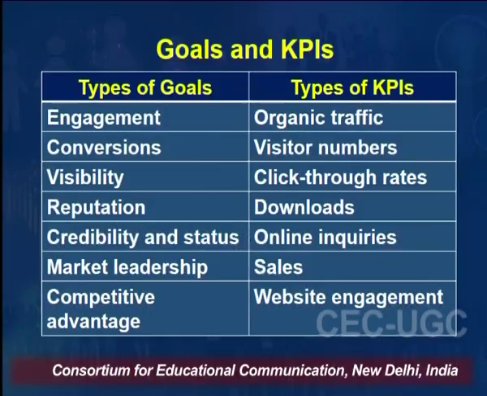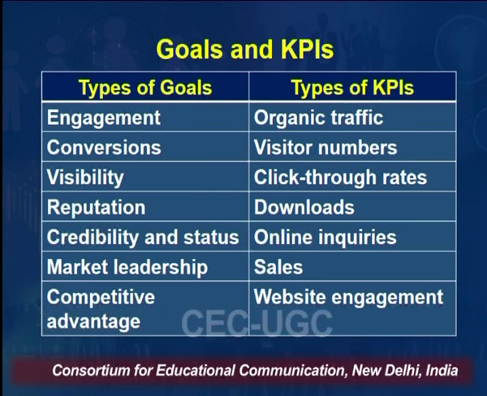Like for example, the engagement. If the goal is to have more user engagement and the optimization that you are doing is to engage your users, then how can you analyze and track the progress? You can track the progress by looking at whether or not there is organic traffic coming to your site.